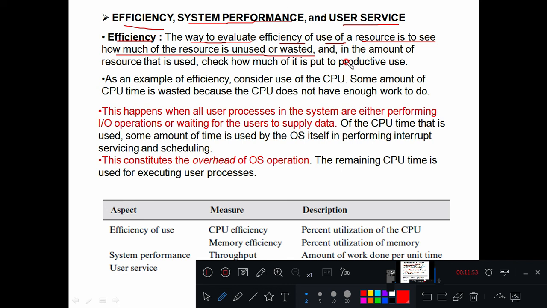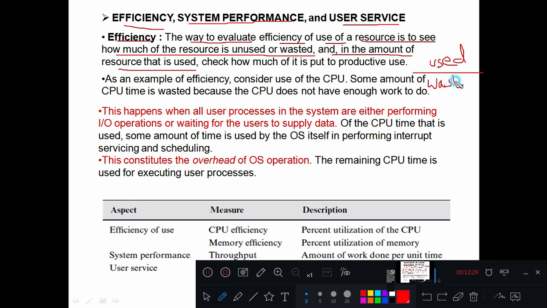Sometimes a user will request some amount of memory or resources, then the OS has to check how much of that resource is utilized efficiently by the user program, and it has to continuously monitor it. Otherwise the efficiency of the resources is reduced. So what he is telling here is used and wasted, right?